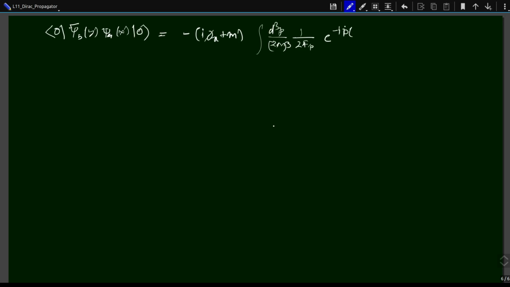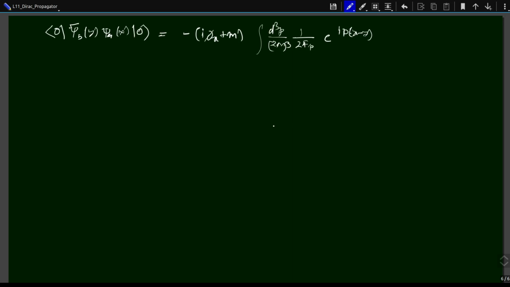Or let's just say x minus y without the minus. That's where this extra sign will come from. So this is the expression when I have the two guys in the different order. So these two guys we have computed, which we require to compute our retarded Green's function, so to say.